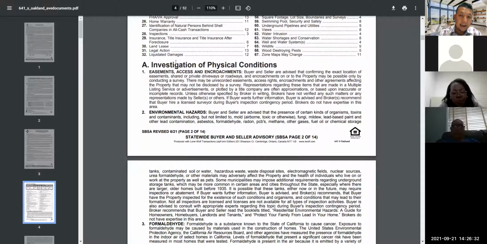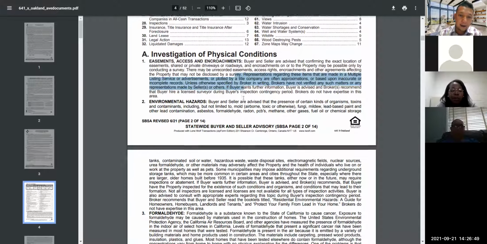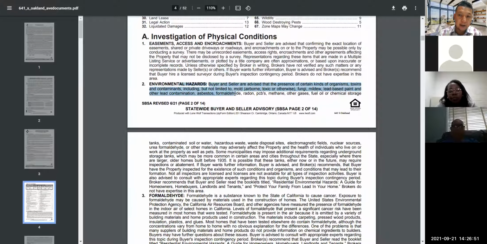to 4, and letting the buyers and sellers know there are physical conditions that they should investigate, such as easements, access, encroachments, boundary lines, survey lines, power poles, utility easements where they can come in and do some work on the pole in the backyard. There's our environmental hazards such as mold, fungus, mildew, lead-based paints, asbestos, radon, gases.